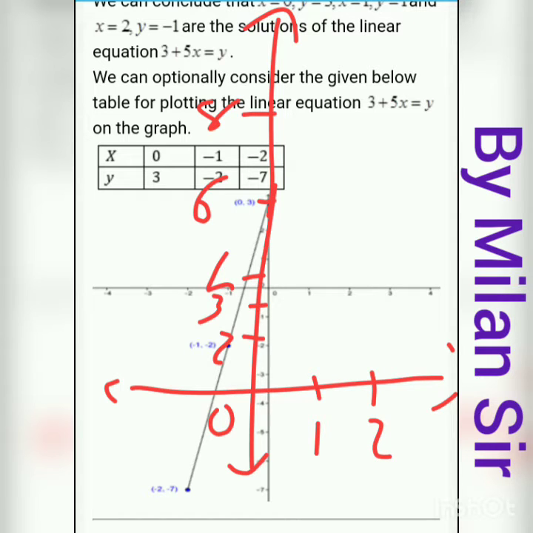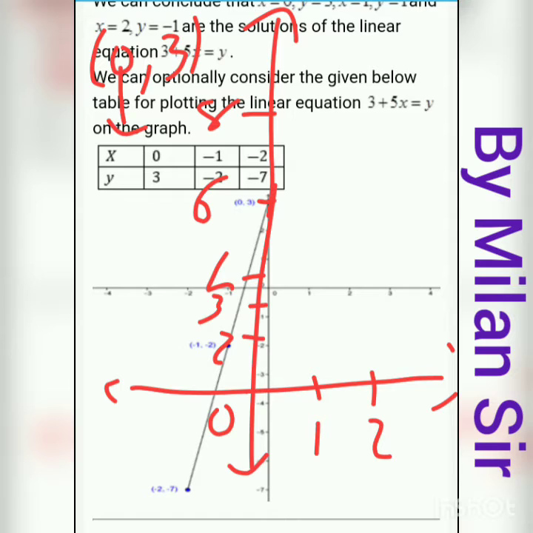First of all, you just need to write 1, 2, 3 here. I have less space, that's why I directly write 2, 4, 6, 8. You can write one by one, 1, 2, 3, 4, 5, 6, 7, 8. Now your first point is (0, 3), right? So 0 is the x coordinate, so on the x axis 0.